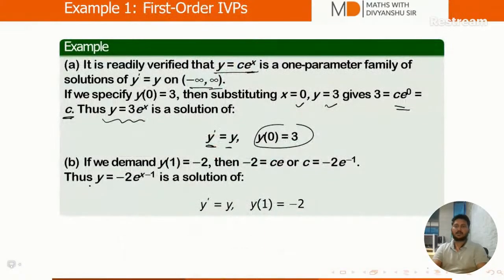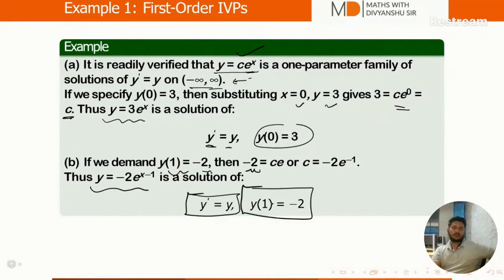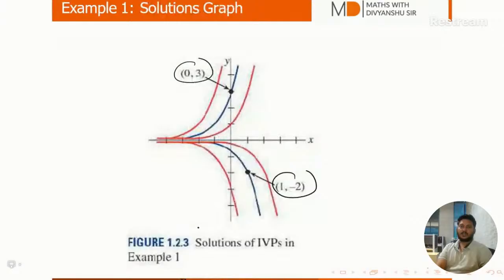Now come to the second part, that is part B. When you have an equation like this, y is equal to c e to the power x, which is a one parameter family, and your interval is minus infinity to infinity, then your demand is y(1) is equal to minus 2. When you put this value in this equation, you get y dash is equal to y, and y(1) is equal to minus 2.